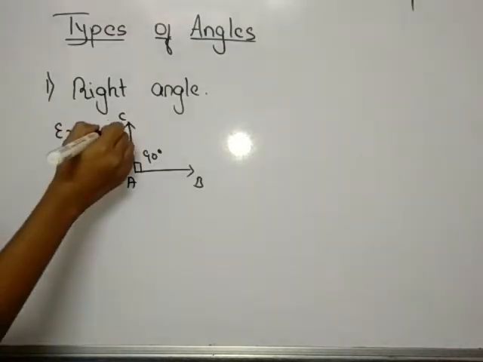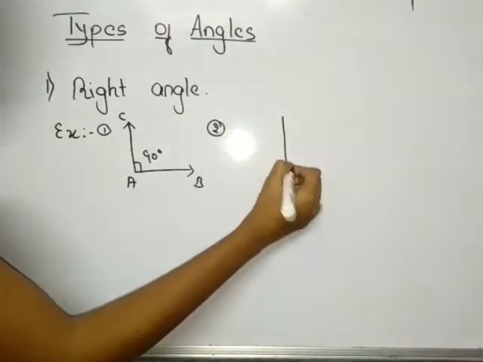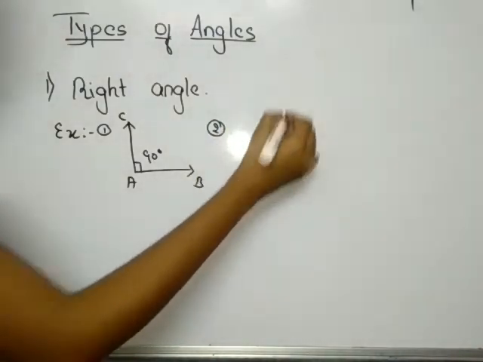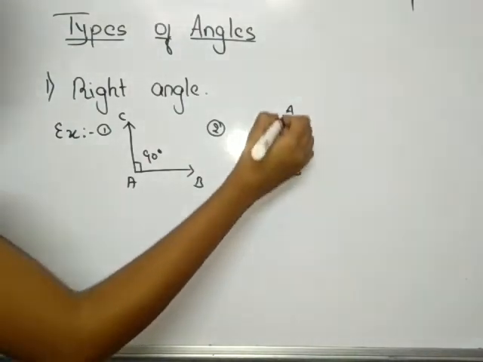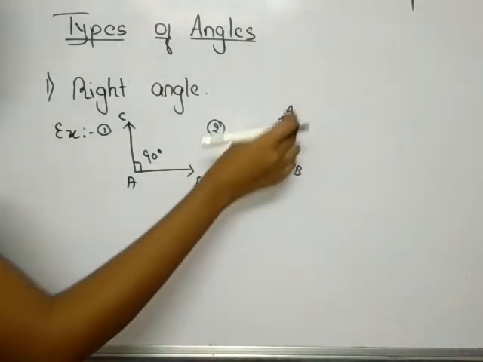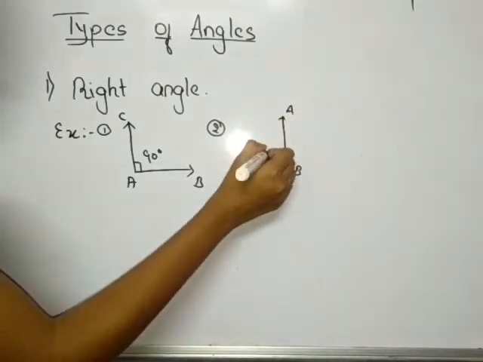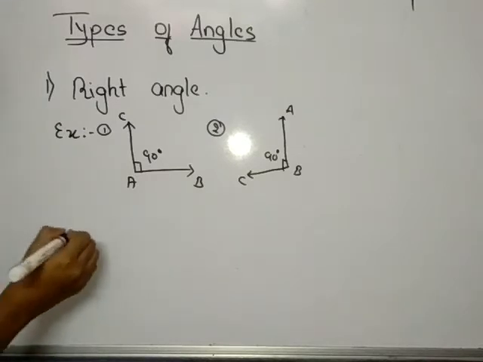This is example 1. Now example 2. Again, these are the two arms, and we name it ABC. The angle between the two rays BC and BA is 90 degrees. This is also a right angle. Next we will see some examples in a clock.